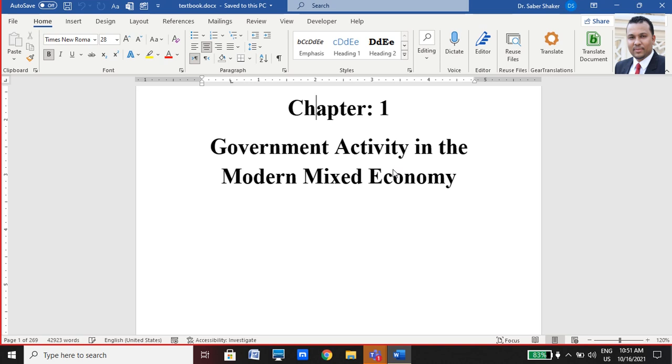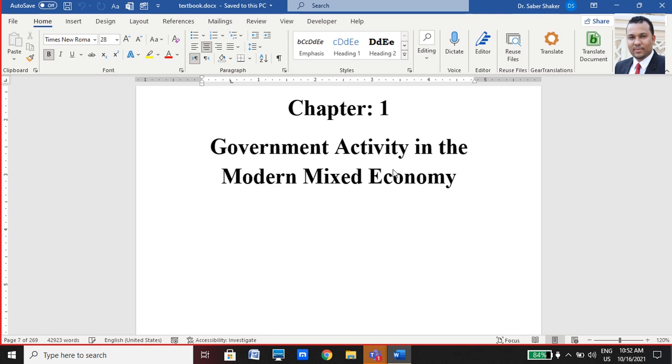But what about the term mixed economy? Mixed economy is a market or an economic system. So in general, we talk about 3 economic systems. Number 1, the market economy system. In this case, the private sector plays the key role in the economic activities, and there is a limited role for the public sector or the government.